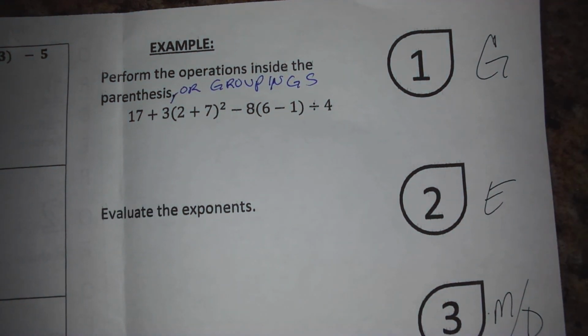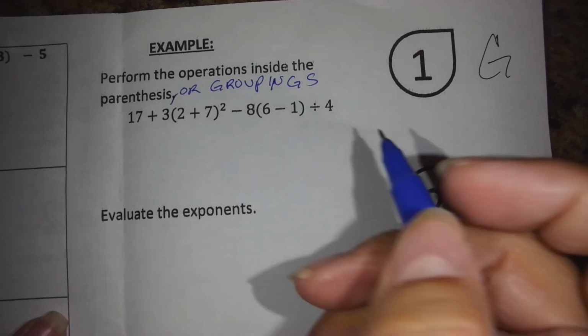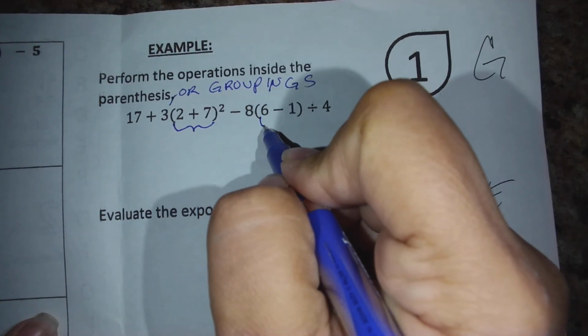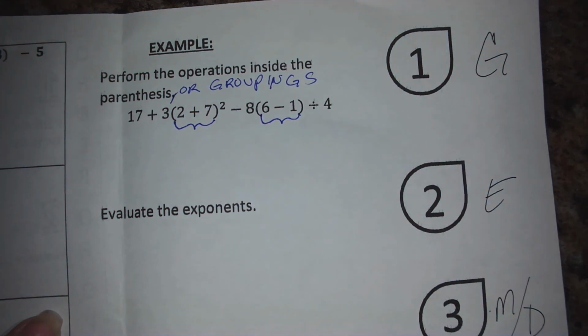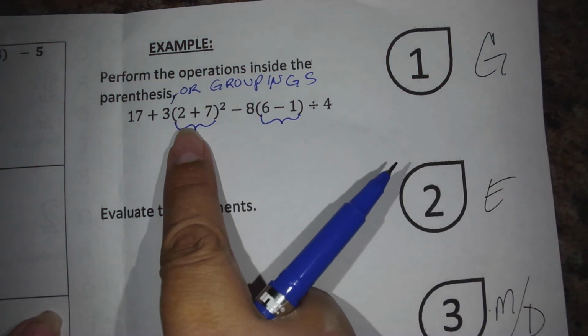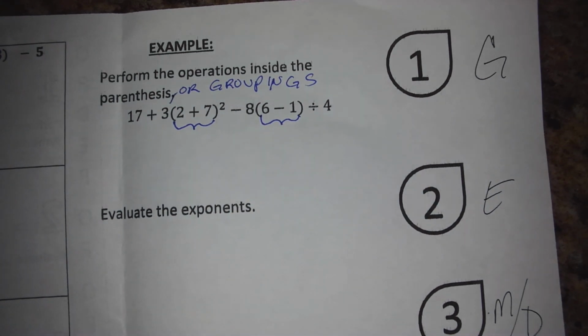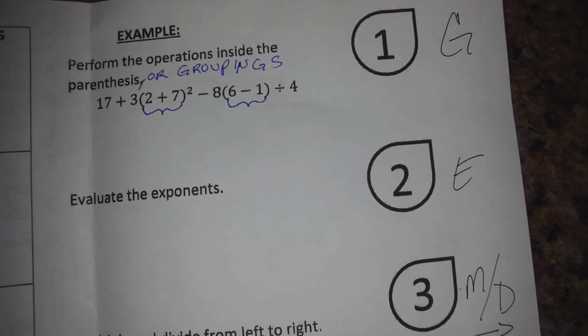So we have two sets of groupings. We have this one right here, and then we have this one over here. We have 2 plus 7 and 6 minus 1. So two groupings are going to require two separate operations.